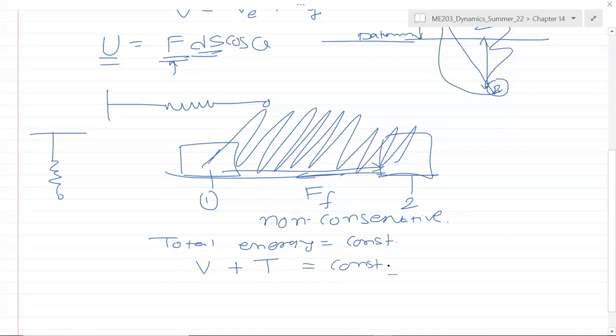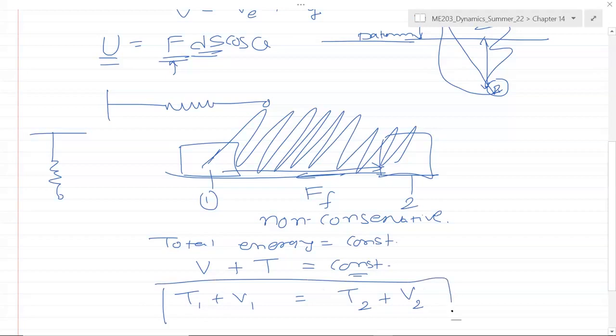is constant. So in that case, we can say that if the particle goes from point 1 to point 2, then the initial kinetic energy plus potential energy is equal to the final kinetic energy plus potential energy. And this principle is called conservation of energy, that energy remains constant if all the forces that do work are conservative forces.